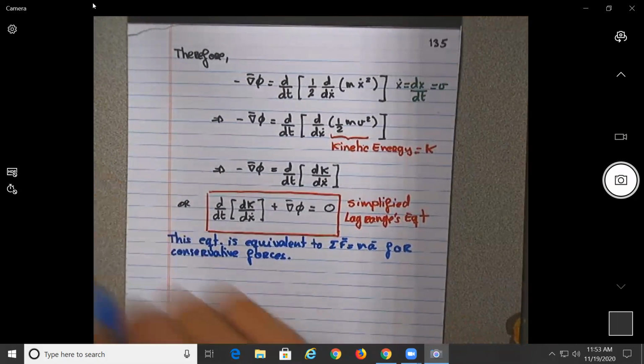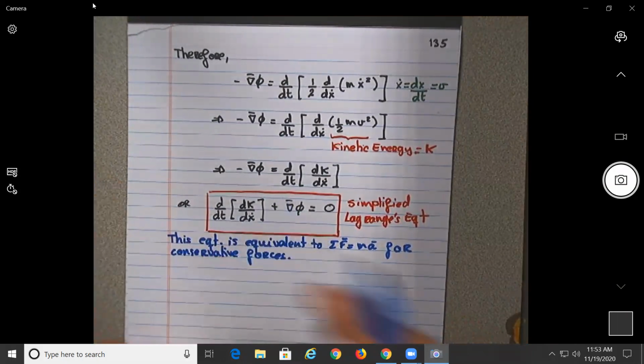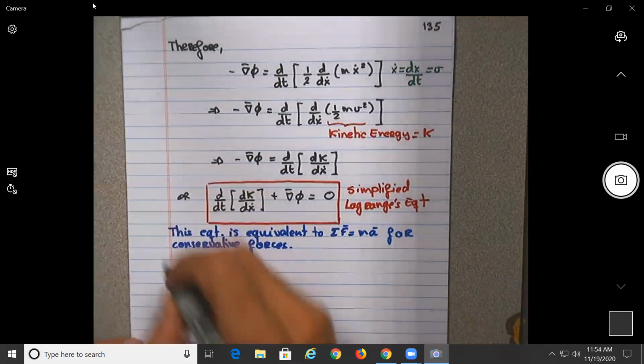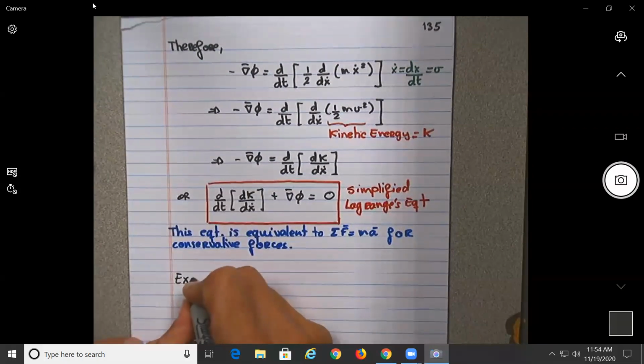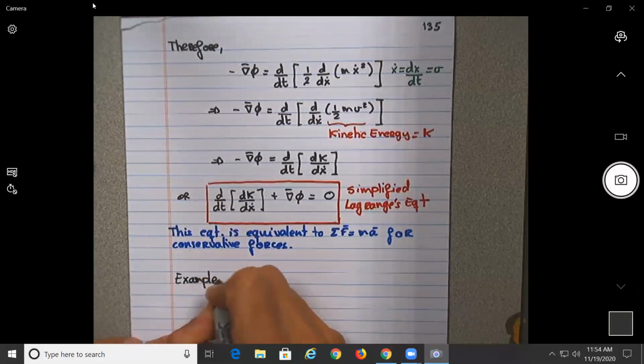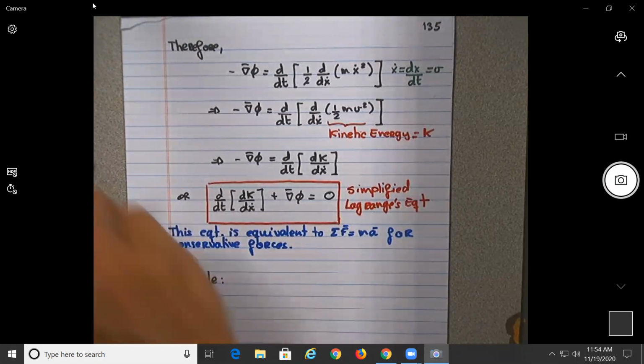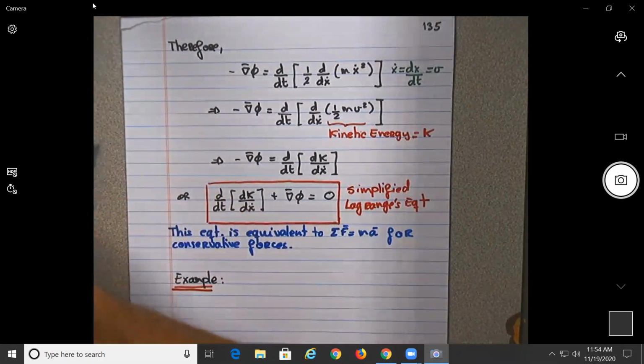Okay, so let's try to do a quick example, and then at the end, I'll give you the expanded version of the Lagrange equation. So let's say here, example. I'm going to do a very simple example. This is generally used, I mean, it can be used for many, many things.